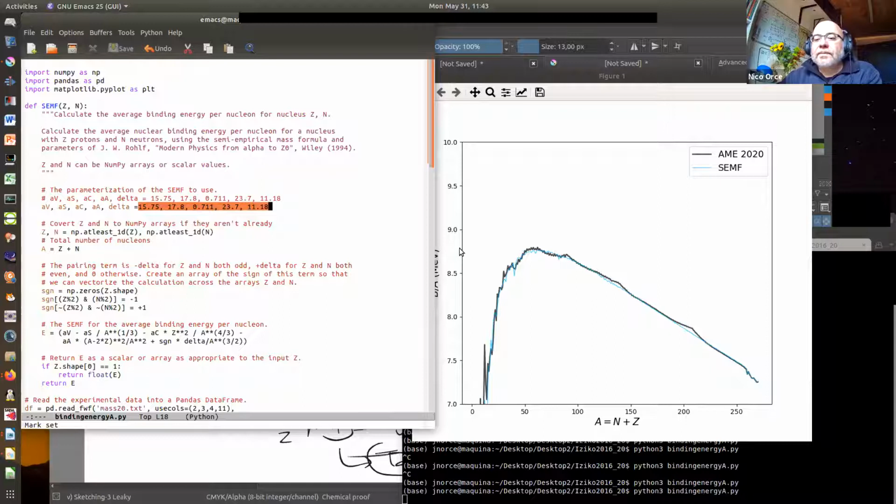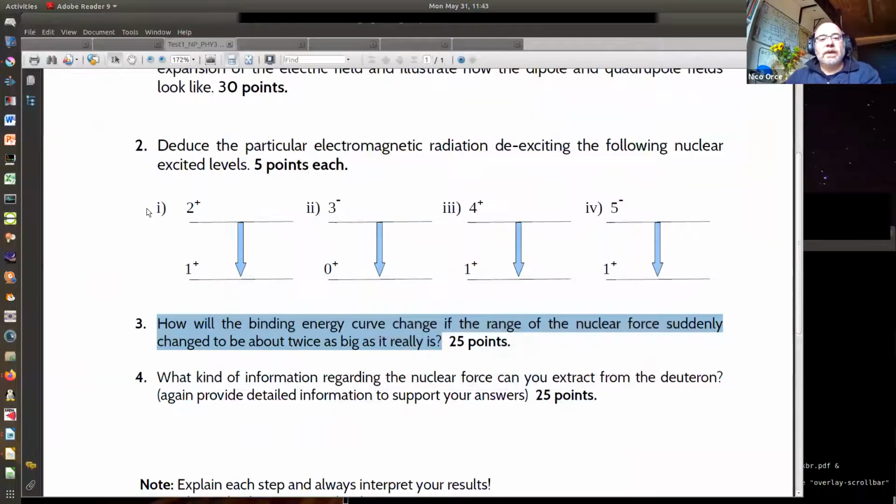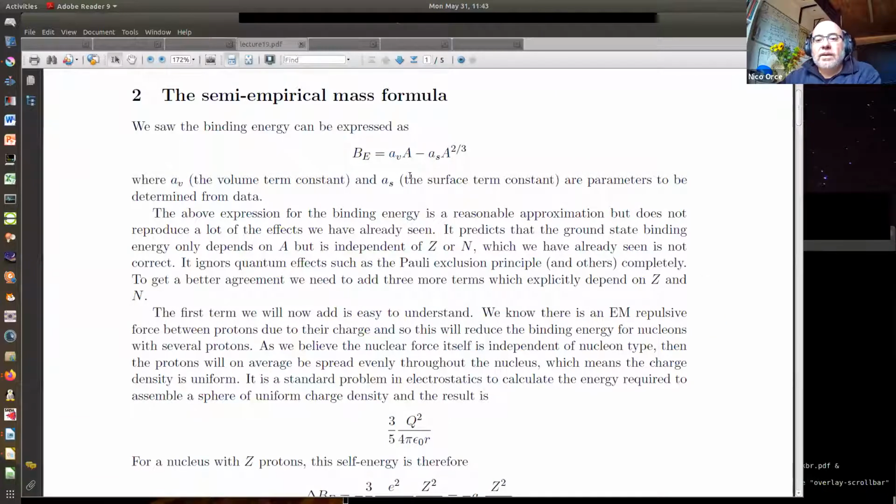So then, what happens if we increase the binding energy? We can increase this here and see what happens. This is the volume term, given by this one here. B over A, the volume term is the dominant term in this mass equation.